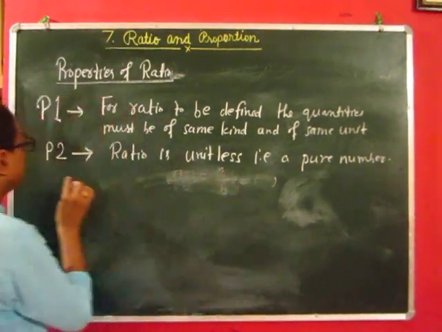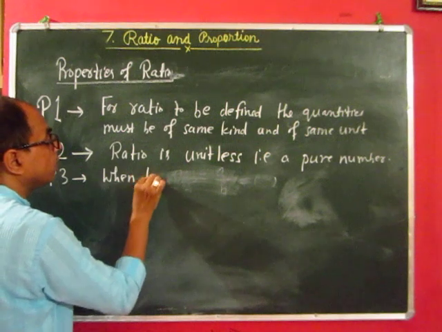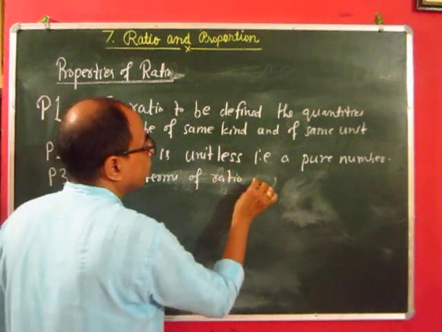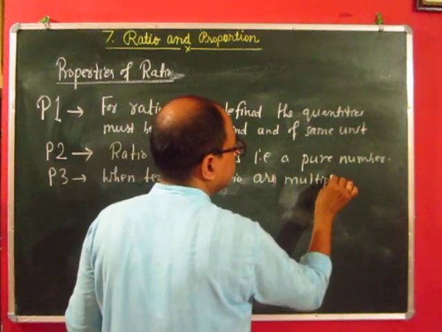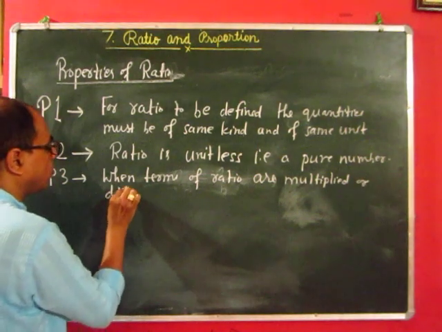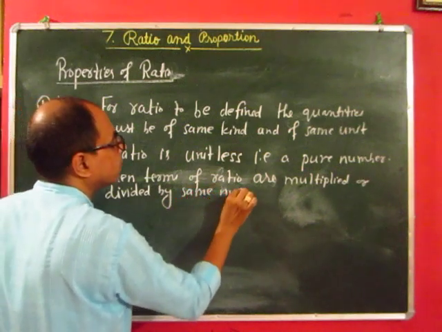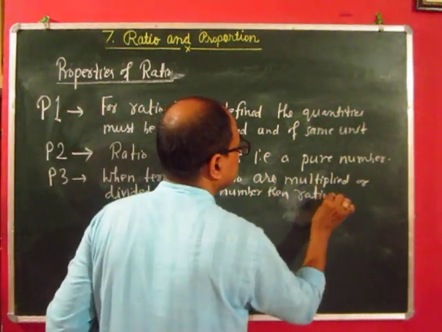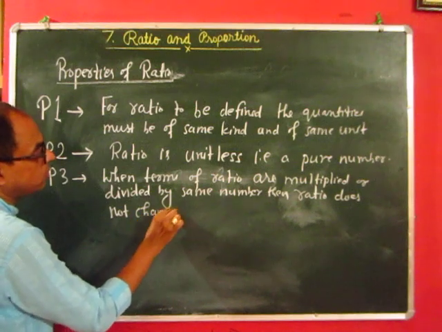Now property 3. When the terms of a ratio are multiplied or divided by the same number, then the ratio does not change.